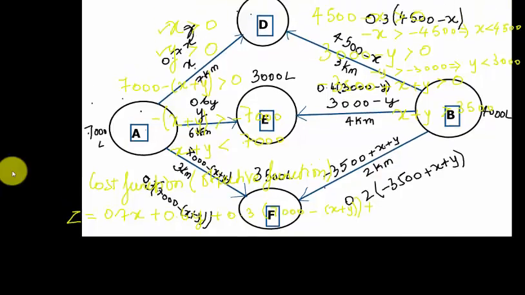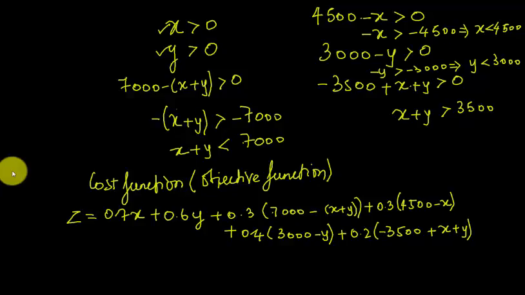The transportation cost is 0.3 into 4500 minus x, and again plus 0.4 into 3000 minus y, and then I have plus 0.2 into minus 3500 plus x plus y. Wonderful. Now that I have mentioned, let me just close this, and perfect.